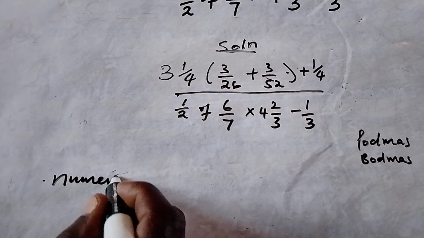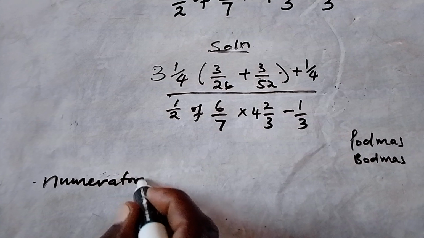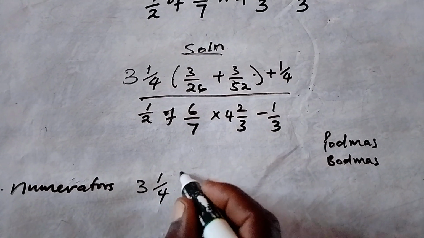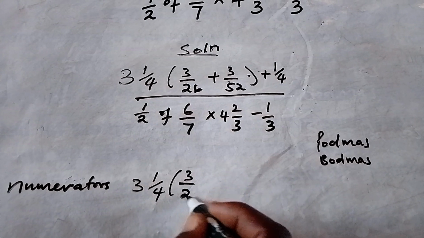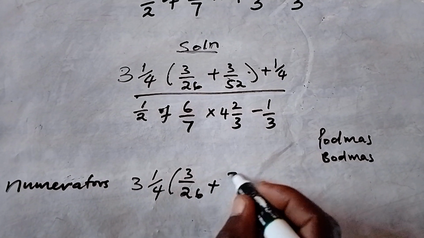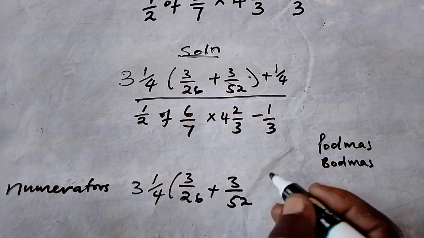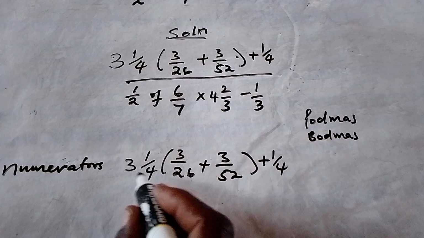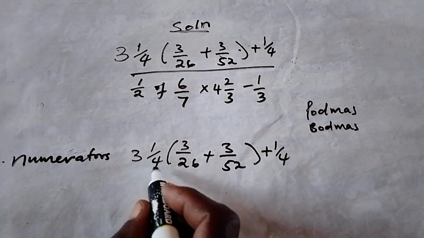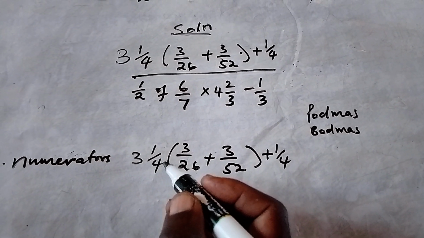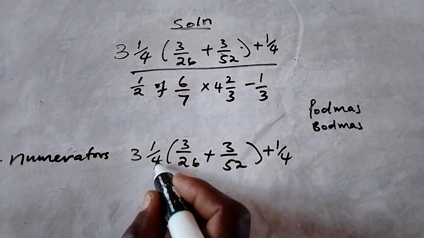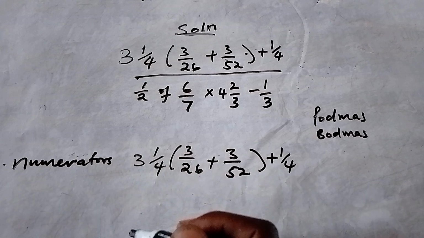So we'll have the numerator, where we have 1 1/4 × (3/26 + 3/52) + 1/4. So we convert 1 1/4 into an improper fraction by multiplying 4 times 1, then you add 1.